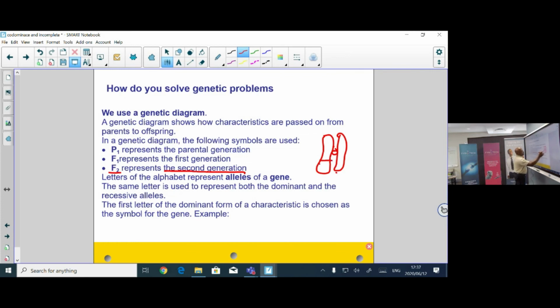A certain gene occupies this space. So this gene, maybe it's for coat color.